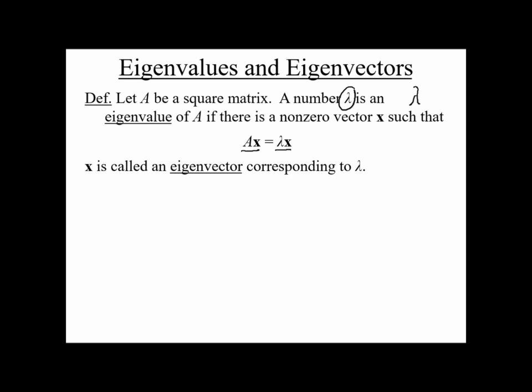Anyway, let's show that this vector is an eigenvector. To show that, we're going to do A times x. A is this matrix, 0, negative 1, negative 3, 2, 3, 3, negative 2, 1, 1.